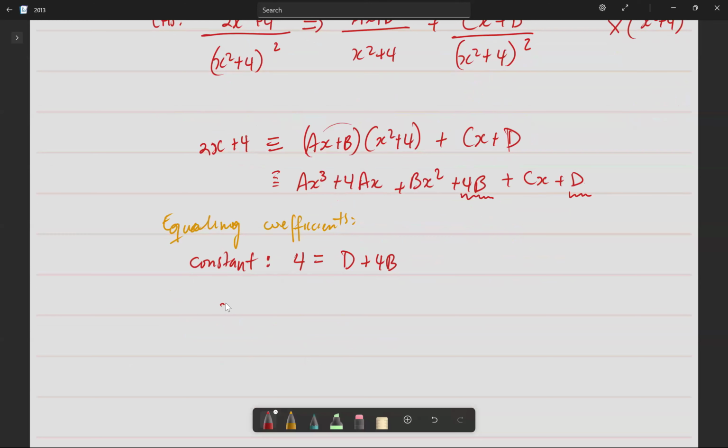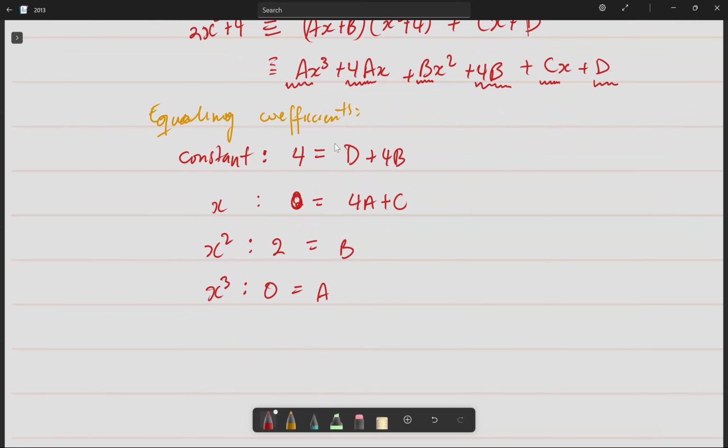For the x's, nothing, so 0 is equal to 4a plus c, because the x terms are this 4a and this c. For the x squared component, 2 on the left-hand side is equal to the b that's here. And for the x cubed component, 0 is equal to a, the only x cubed term. So there we go.